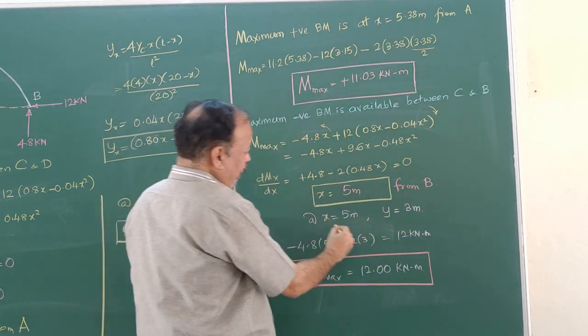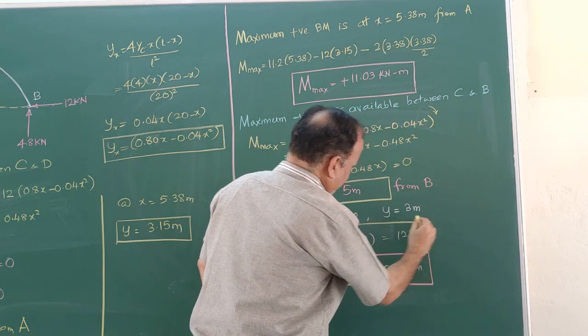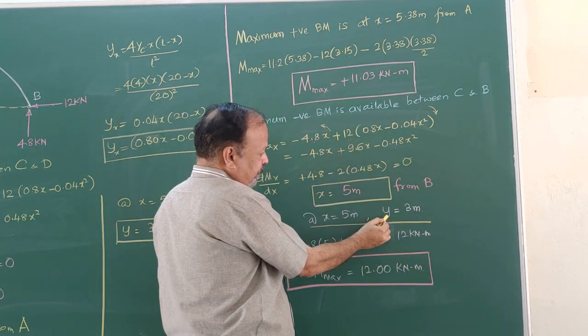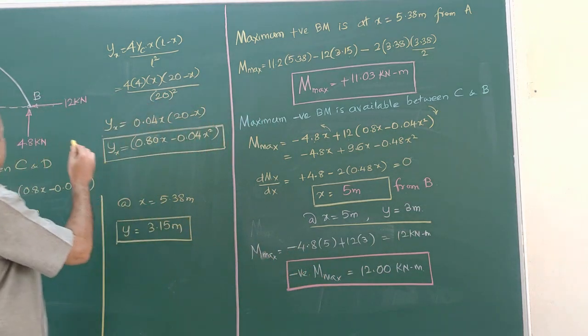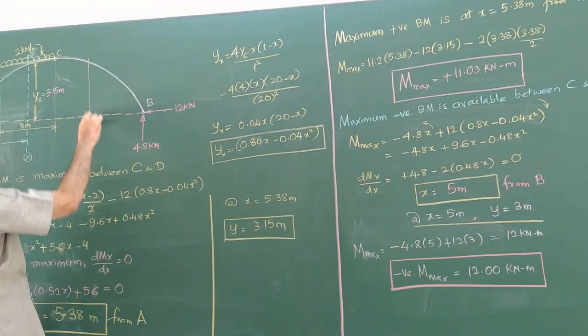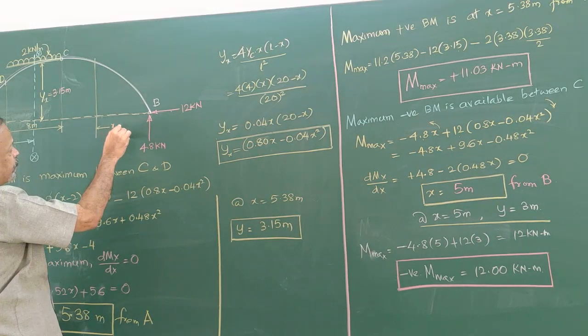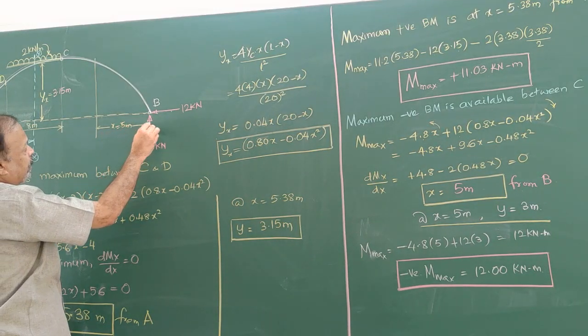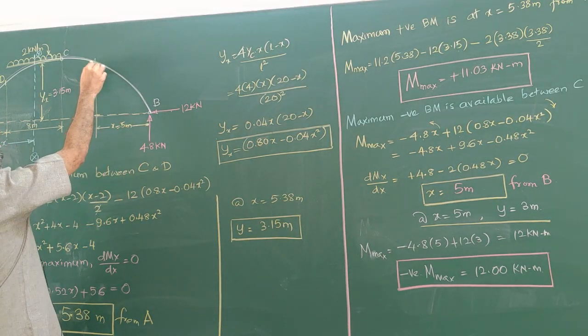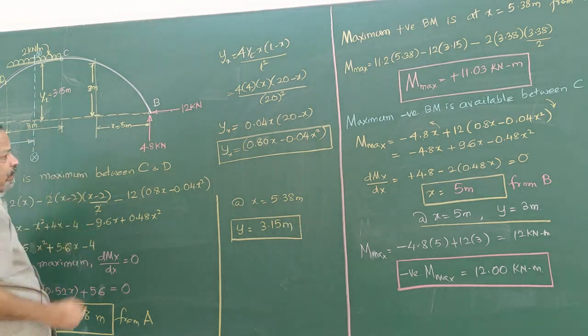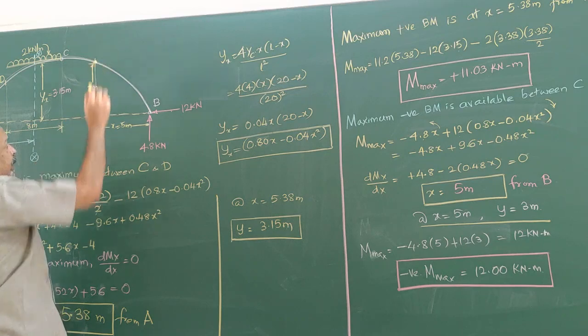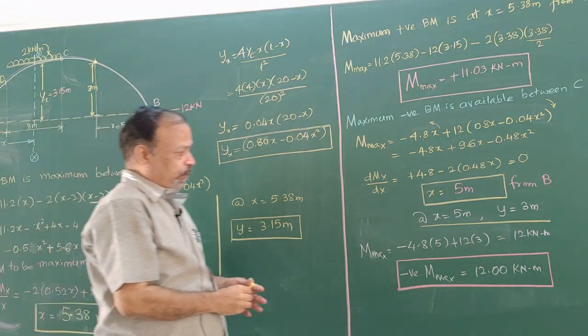So at x equal to 5 meters, the vertical distance y is 3 meters from the parabola equation, and at this point the bending moment is maximum negative.